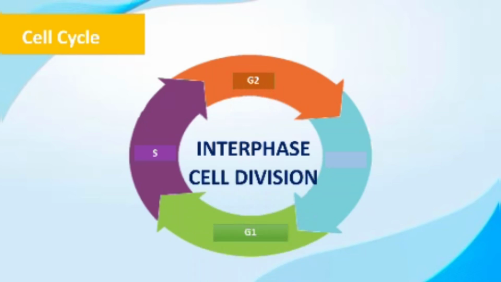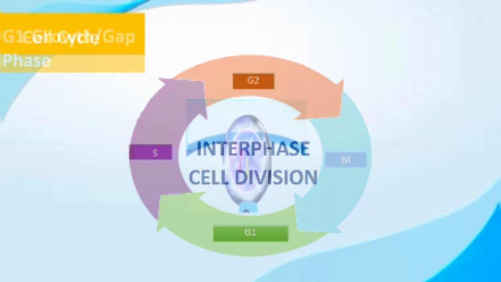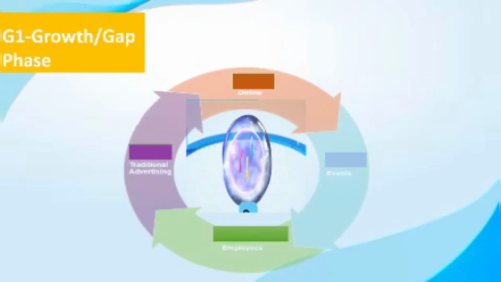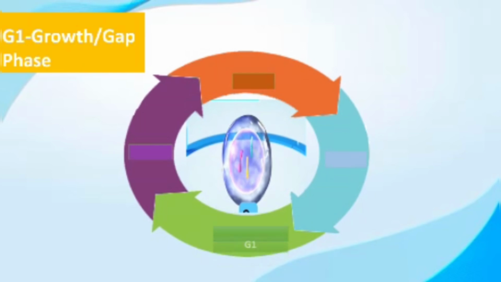And then we have cell division, which consists of the M phase, where cell division occurs. Let's look at each of these phases individually. The G1 phase, also known as the growth or gap 1 phase, is where the cell grows and performs its normal functions. During this phase, it also prepares the necessary components for DNA replication.